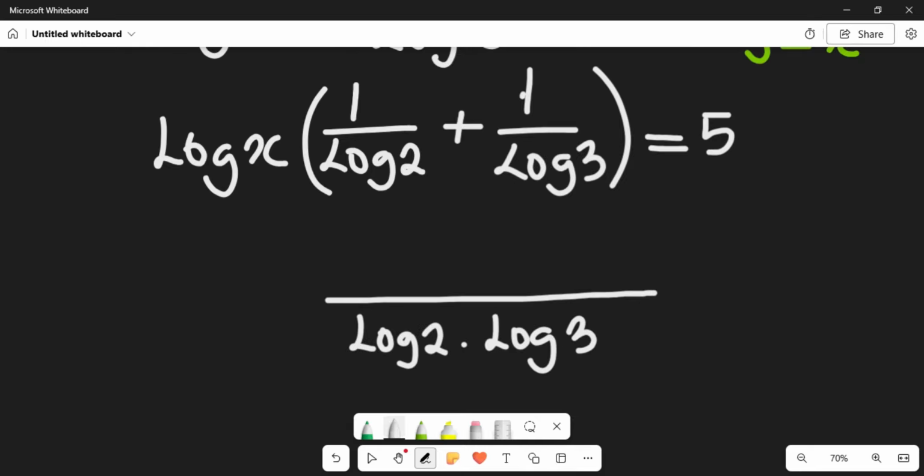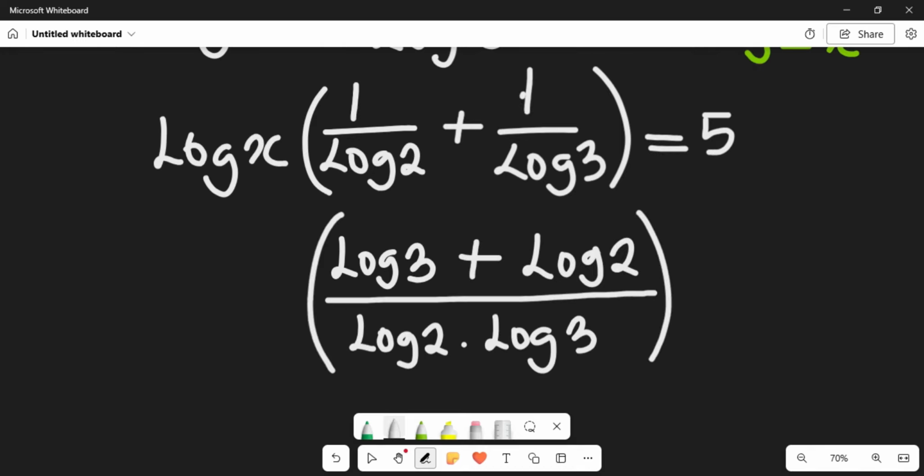So log 2 multiplied by log 3 divided by log 2 leaves us with log 3 on that side, and this will be plus log 2 multiplied by log 3 divided by log 3, which leaves log 2 on this side. This becomes the new expression in the bracket, equal to 5 and multiplied by the log of x.